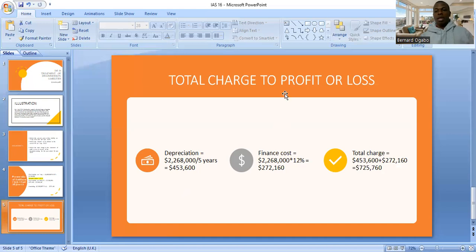We are going to be looking at the next concept in the next slide, and that will be how to look at gain on revaluation and gain or loss on disposal when there is a revaluation charge.